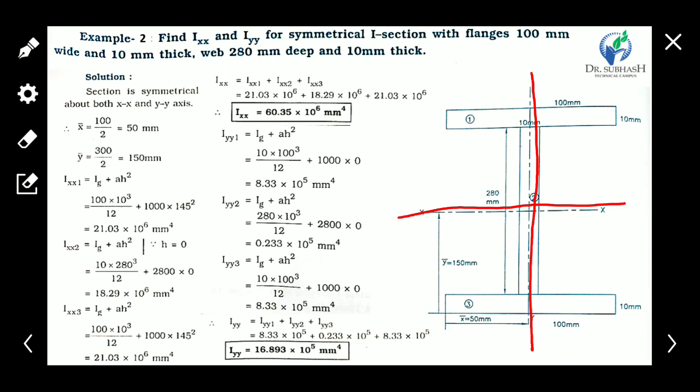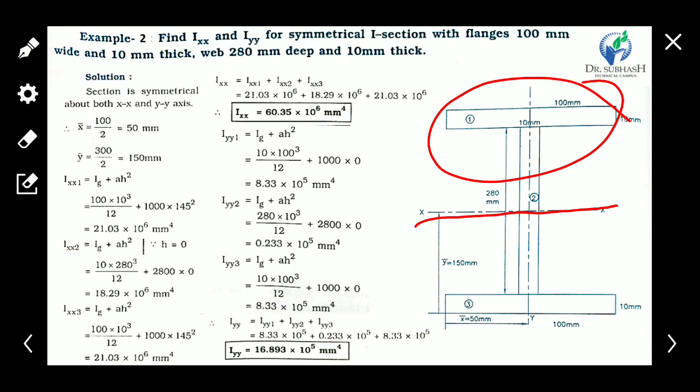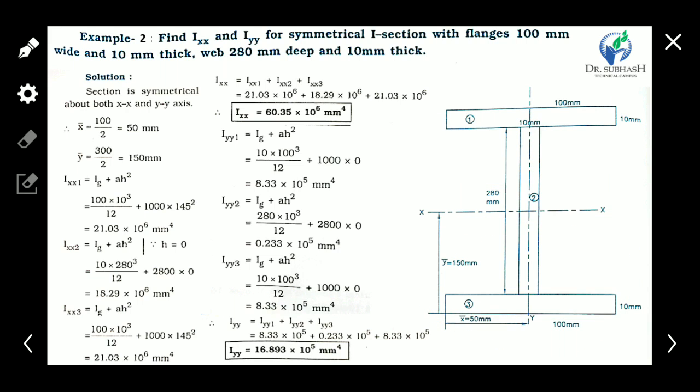Because the I section is symmetrical about the y axis, both the left and right side parts are equal, and similarly about the x axis the two portions are perfectly similar, so it's symmetric about the x and y axes. So we can directly get the CG value.